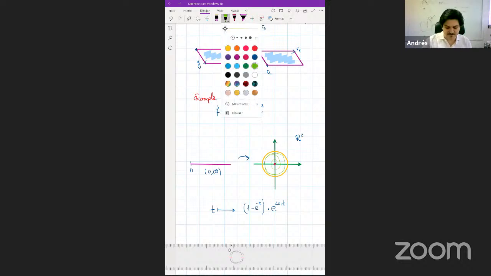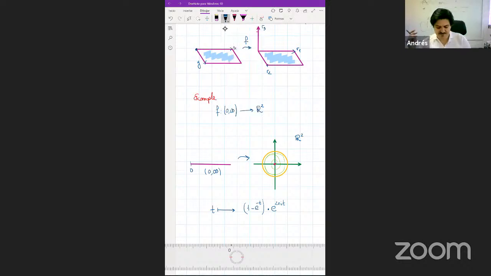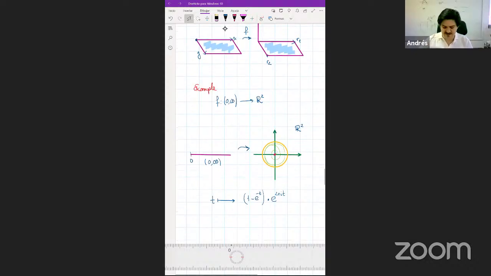Now, the function is one-to-one, right? Yes, this is a one-to-one function. Again, you can see that it has constant rank, and it is equal to 1.